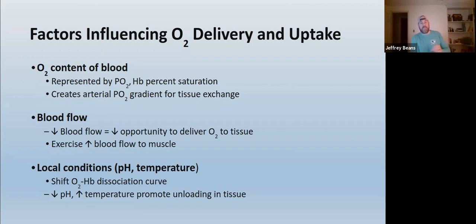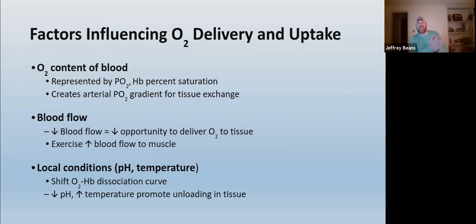Another factor could be blood flow. If you have decreased blood flow, that means you have decreased opportunities to deliver the O2 to the tissues. And you know that exercise increases blood flow to the muscle. And then there's the local conditions, the pH and the temperature ones. You shift the O2 hemoglobin dissociation curve to the right, with decreases in pH and increases in temperature, which promote unloading in the tissue.